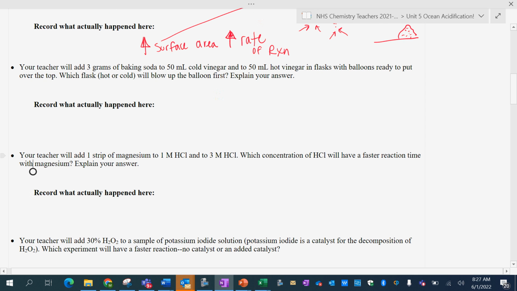Then we did another one where we had cold vinegar versus hot vinegar in flasks with balloons over the top. And inside the balloons, there were 3 grams of baking soda. So they were sitting there until we lifted up the balloon and let the baking soda in. There was one that was hot and one that was cold.